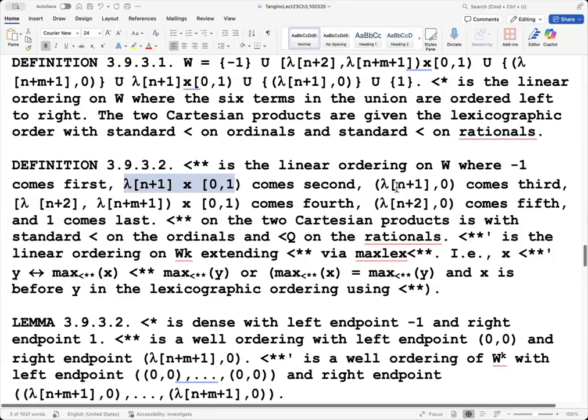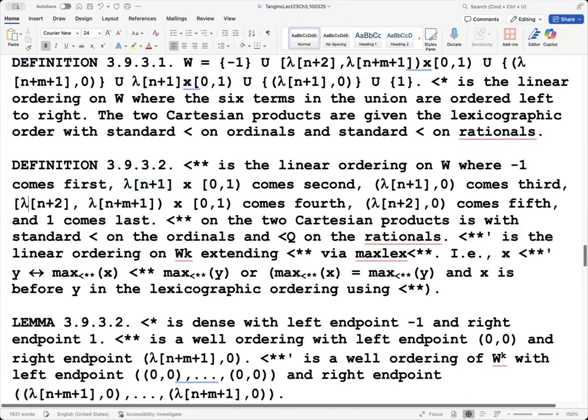I mean, comes second. And then this comes third because this just tops off this. And then this interval, this interval cross 0, 1 comes fourth. Let's see.